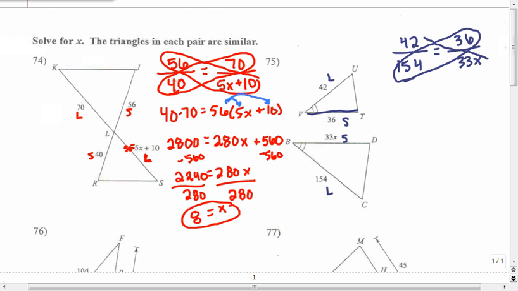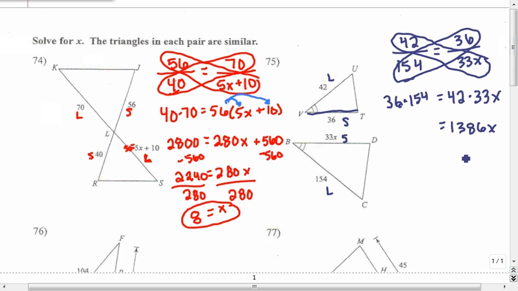Now we have to cross multiply. So we've got 36 times 154 is equal to 42 times 33x. What is 42 times 33x? 1,000, how much? 86x.